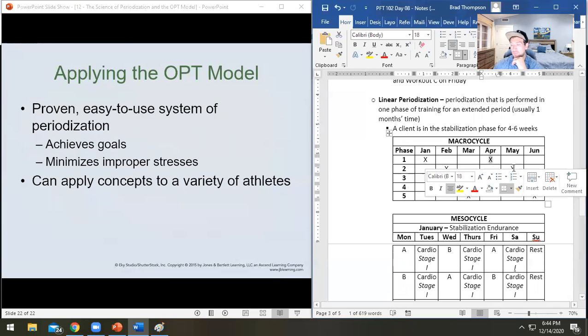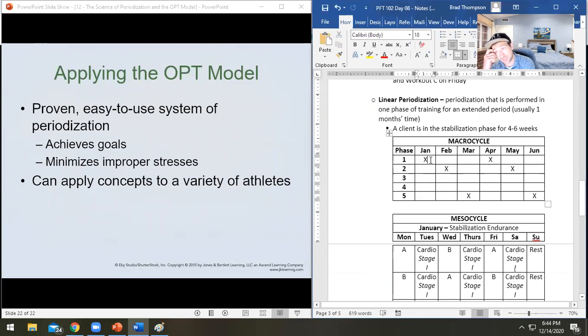And then I would repeat, right? So this is an athlete who cares about stabilization, endurance, and power. This is probably not a very heavy lifting athlete. This is a very explosive, probably cardio-based athlete. This is probably a basketball player or maybe a soccer player, ultimate frisbee player, something like that.